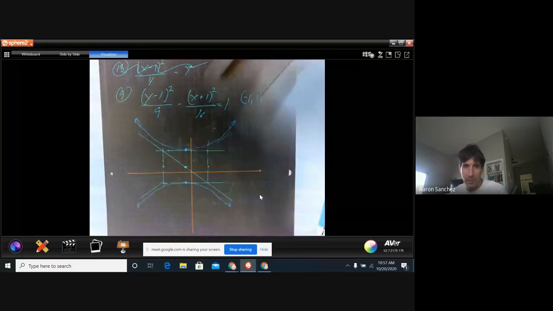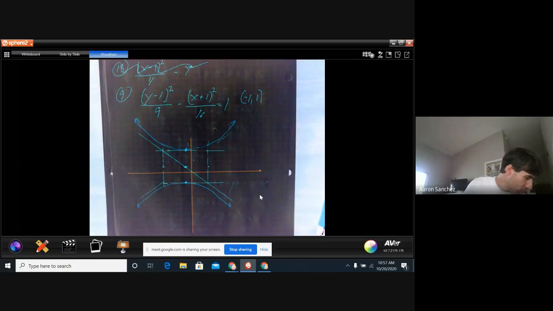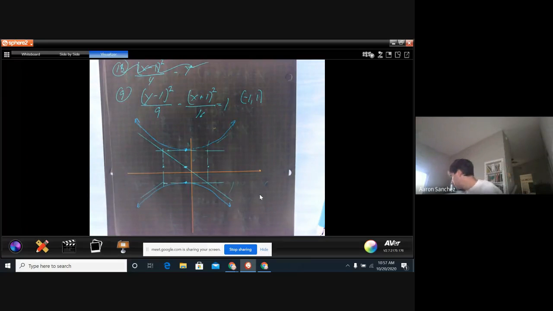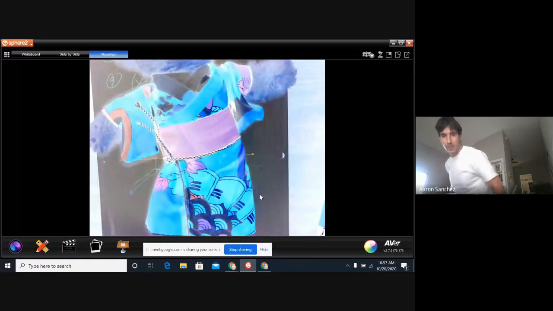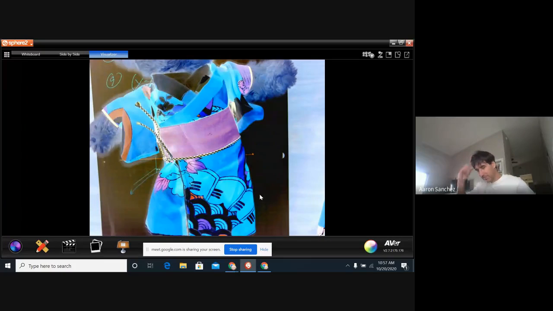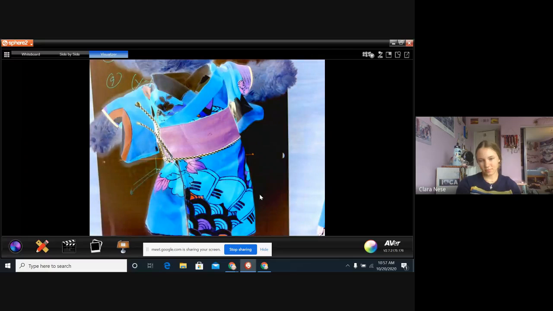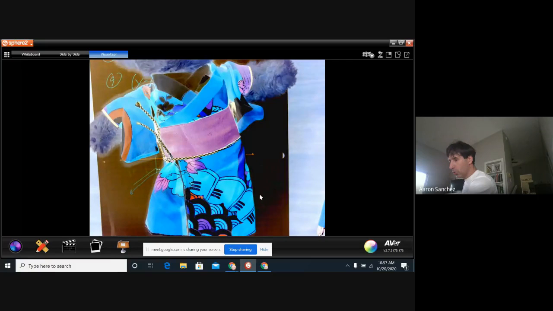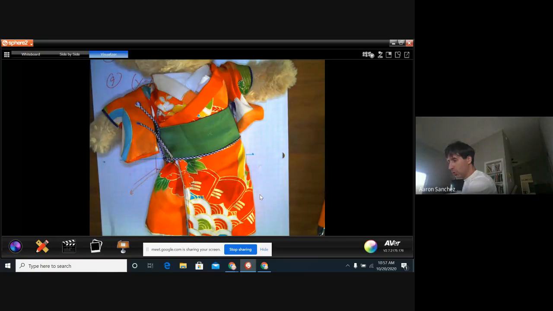Okay, let's play one more game, then I'll let you guys go. What color is this bear's kimono? Red. Oh, it is orange. So I'll take red. Maybe that's red. Okay, anyway.